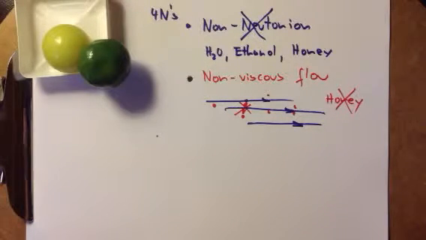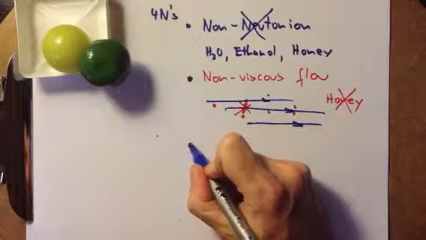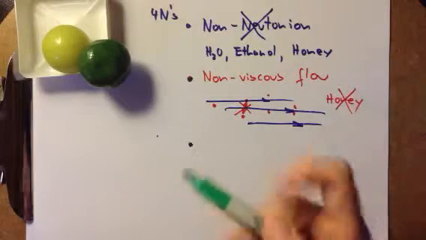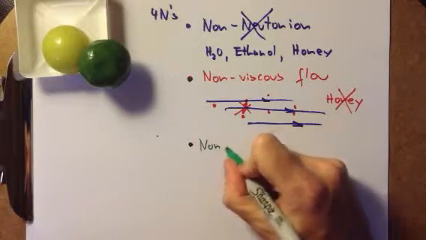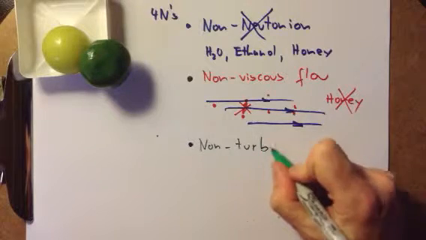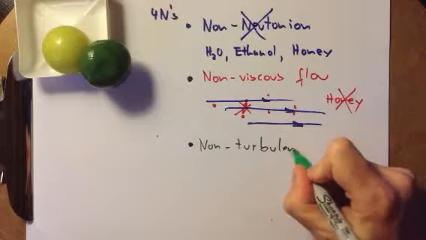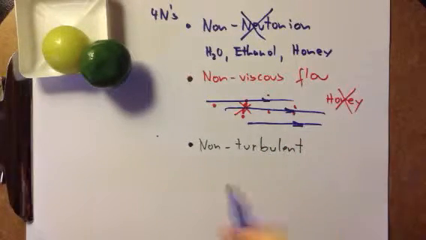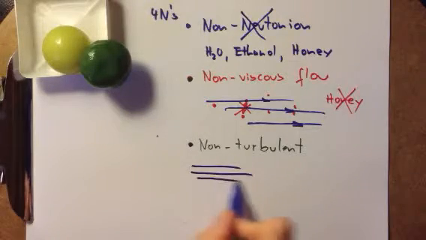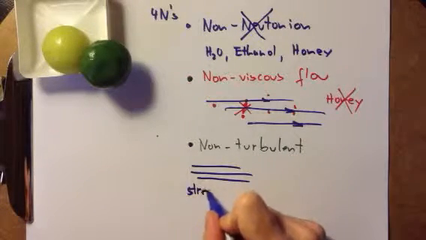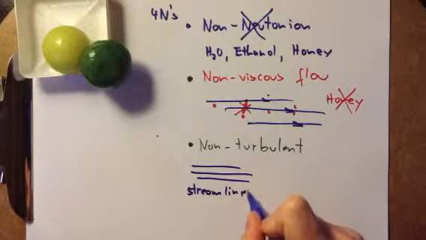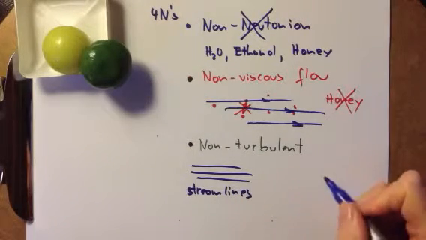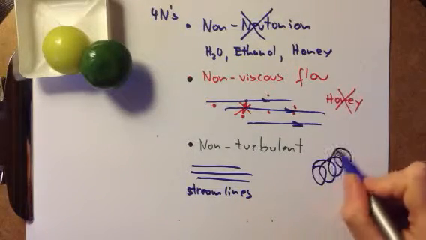Another N to consider is non-turbulent. We want non-turbulent flow. We want laminar flow. We want this type of flow where the streamlines are parallel. We don't want a flow which is turbulent like this.